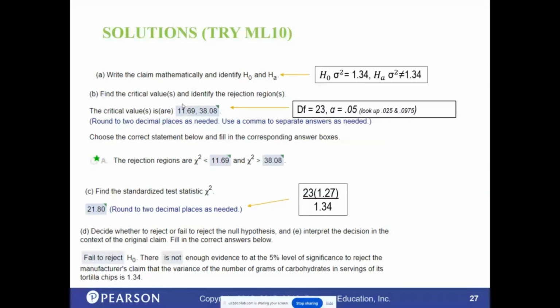Okay. And then that makes these your rejection regions. Your test statistic, here's the formula for that. You were given the variance on this problem, so you didn't have to square the number again. So you may have questions on that one.